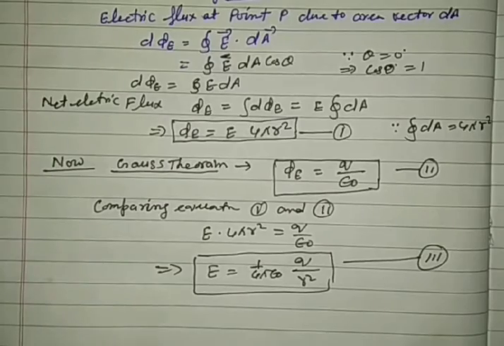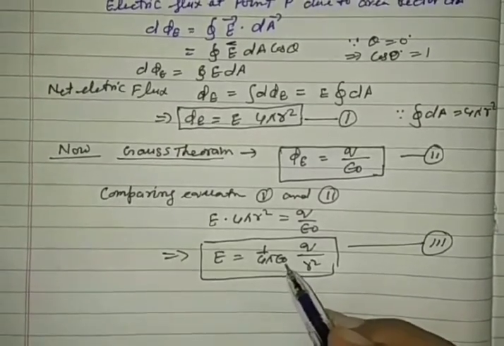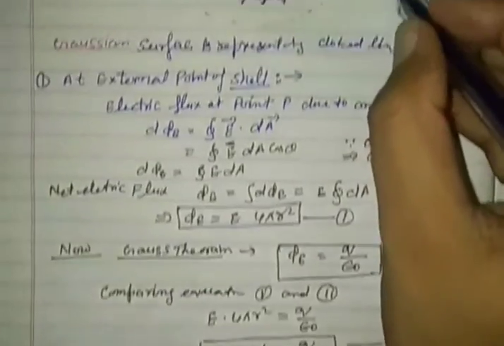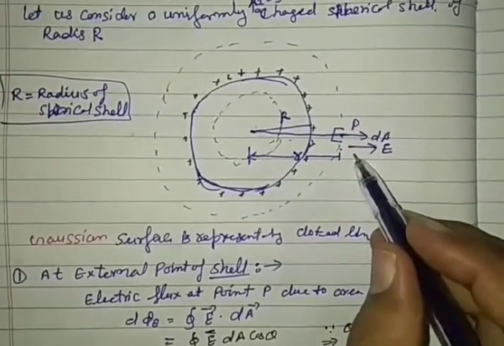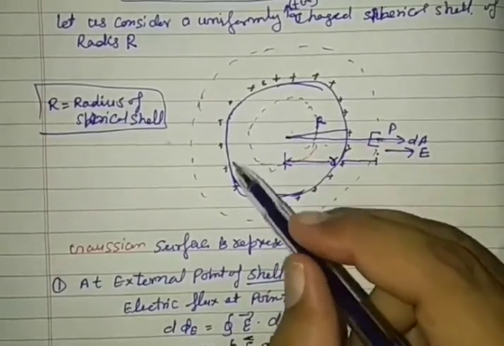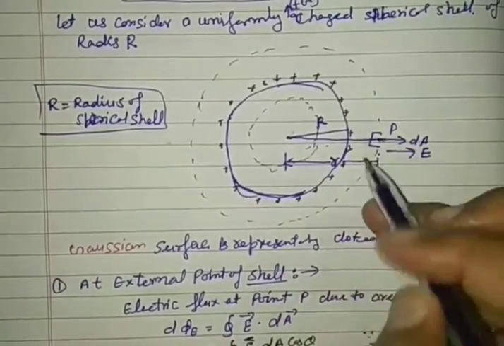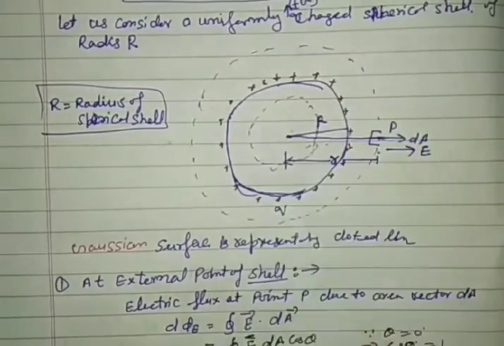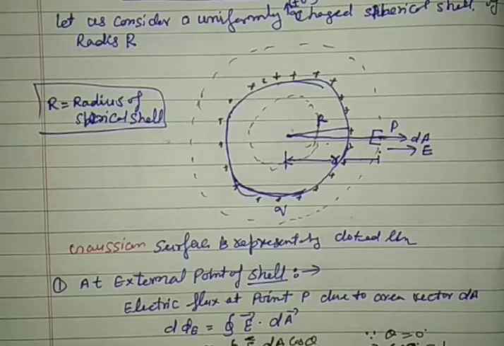This, E equal to 1 upon 4 pi epsilon 0 q by r square, is the formula to calculate the electric field at point P due to the total spherical cell, where plus q charge is uniformly distributed on the surface of the cell.